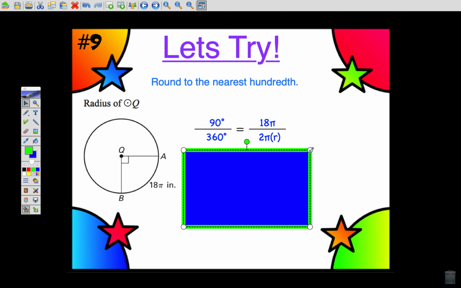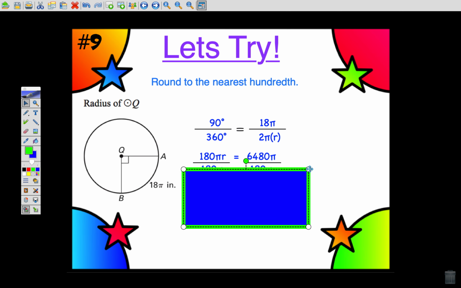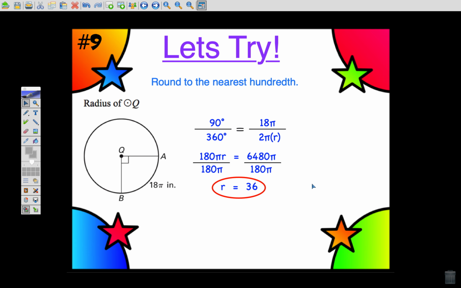All right, now I will uncover this one step at a time, because when you cross multiply here, you'll get 180 times pi times R, and this one will give you 6,480 pi. I did include on the work shown here dividing by 180 pi just to show you that the pi's will cancel, and I'm going to assume you can use your calculator correctly from there.